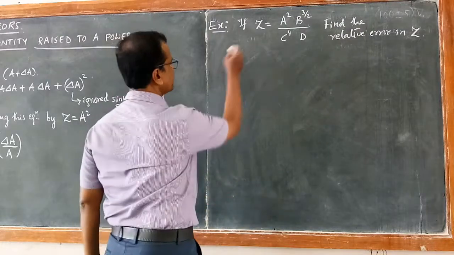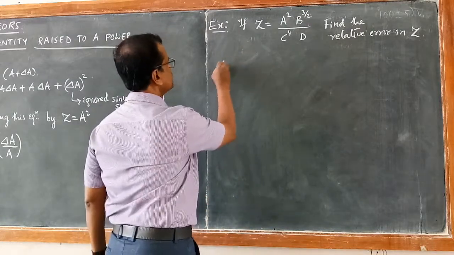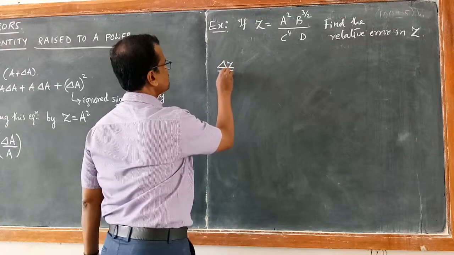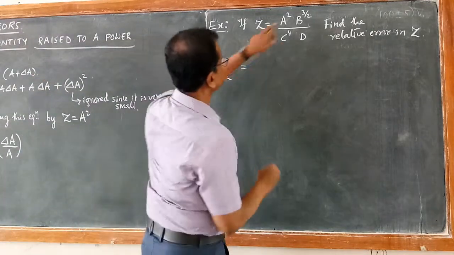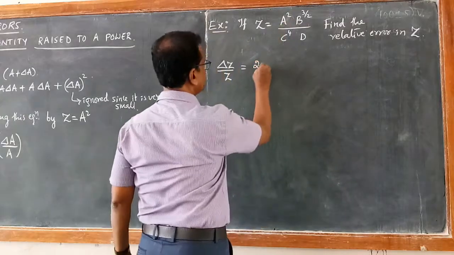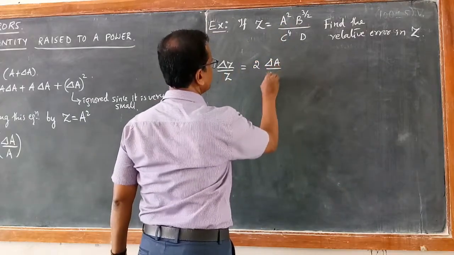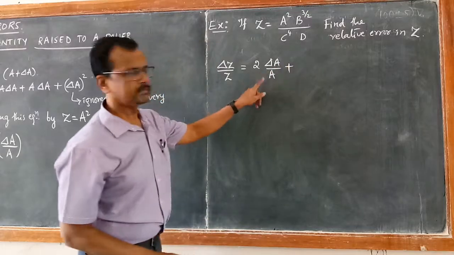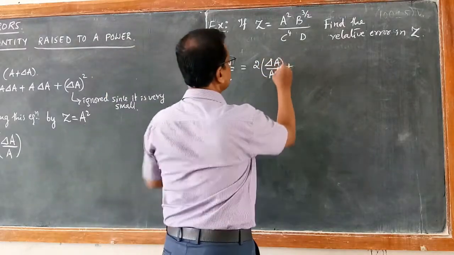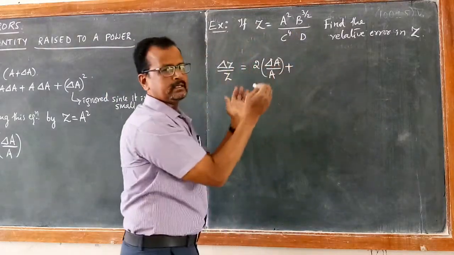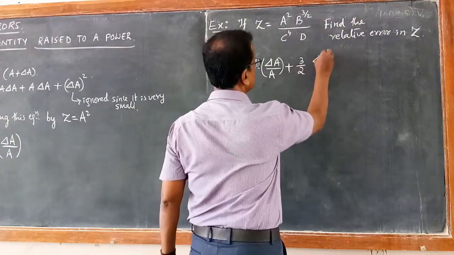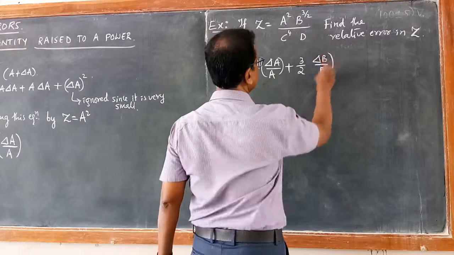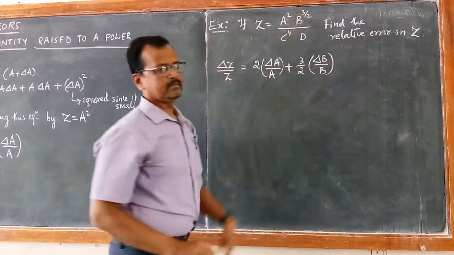Then directly we can apply the rule and write the answer. Relative error in z, delta z by z, is equal to 2 times relative error in a plus, when it is in the product form we have to add the relative errors, 3 by 2 times relative error in b, because 3 by 2 is the power.